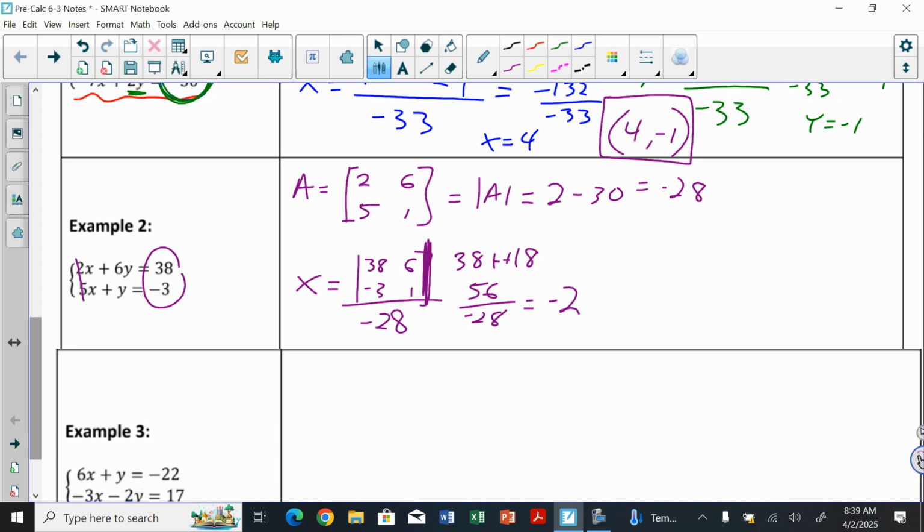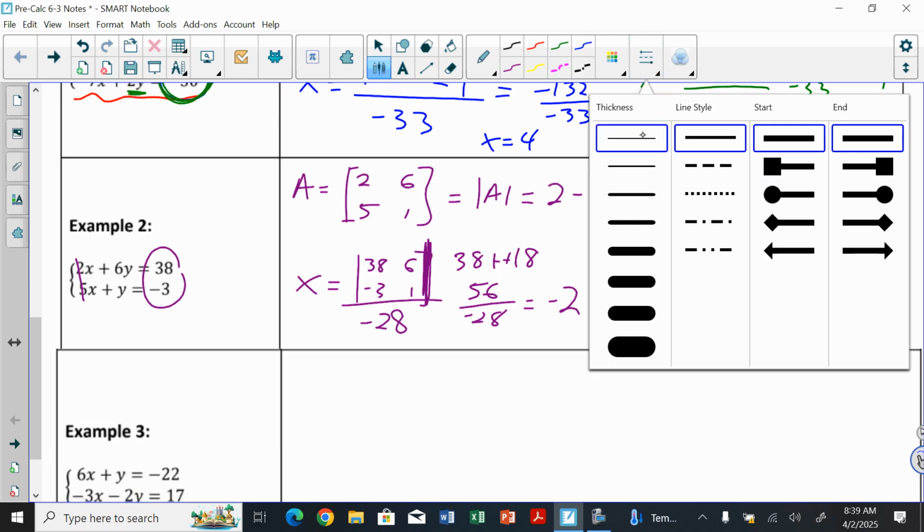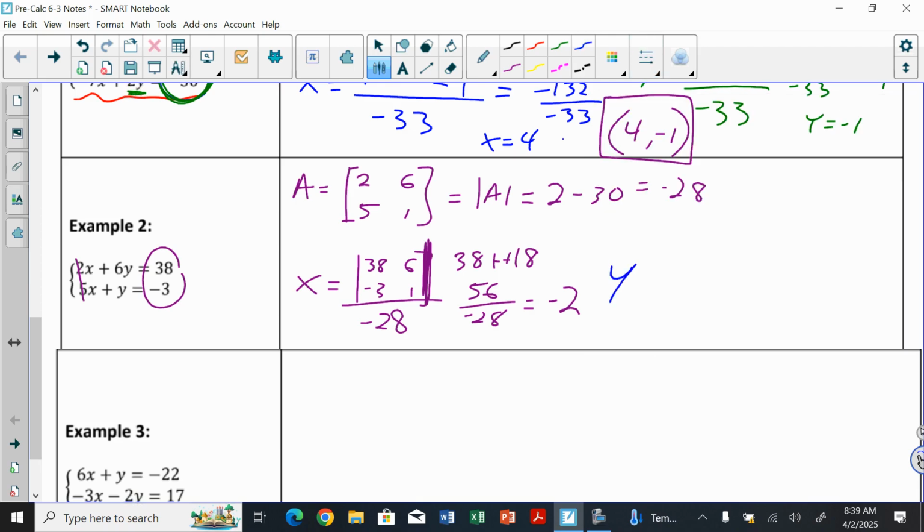Okay? For y, again, now I'm replacing the 6 and the 1 with the 38 and the negative 3. And the first column is going to stay the same. So I'm going to have 2 and 5 on the left column. On the right column is now going to be 38 and negative 3, all over the negative 28 because we had to do that determinant of the coefficient matrix.